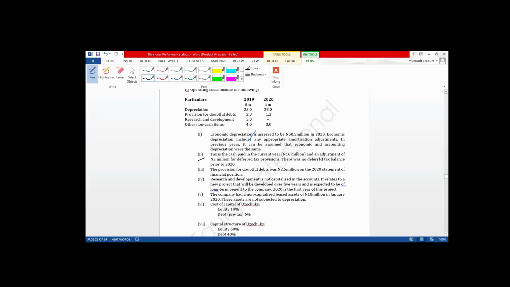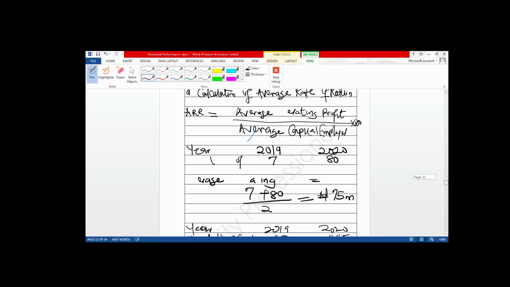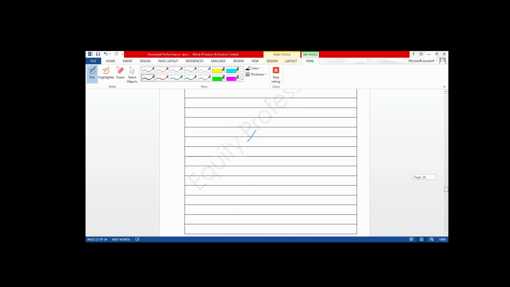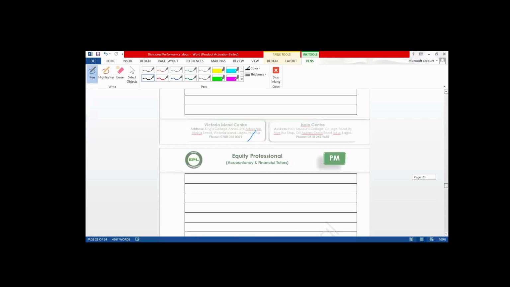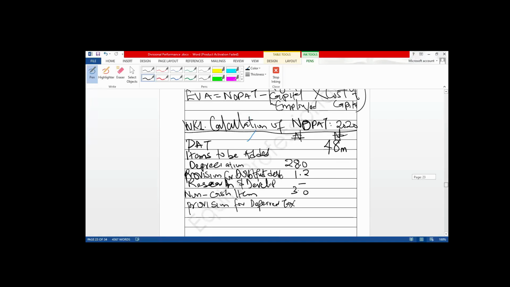And an adjustment of 2 million naira for deferred tax provision. Provision for deferred tax, 2 million. Add back.